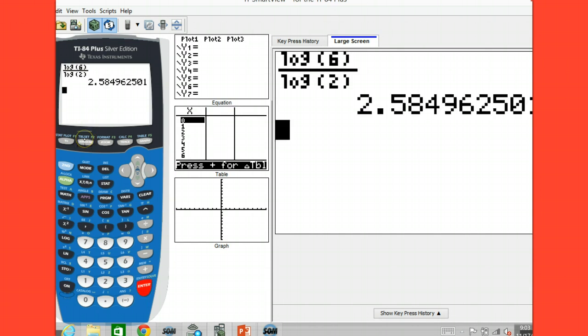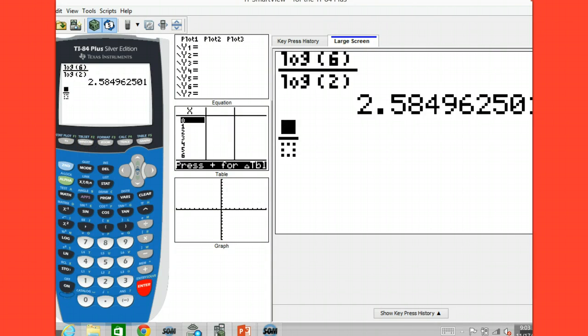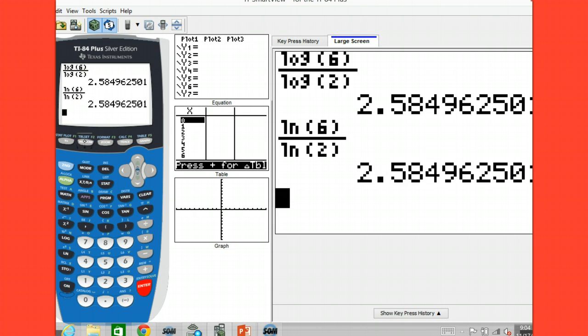So if we do log 6 over log 2, I'm going to get 2.585, rounding to 3 decimal places. The other way that we said that we could rewrite this is with the natural log. So if I wrote this with the natural log, I want to use ln, then I'm going to say ln 6 over ln 2. Again, I can use any base that I want to, as long as it's the same, and I'm going to get the same answer either way.